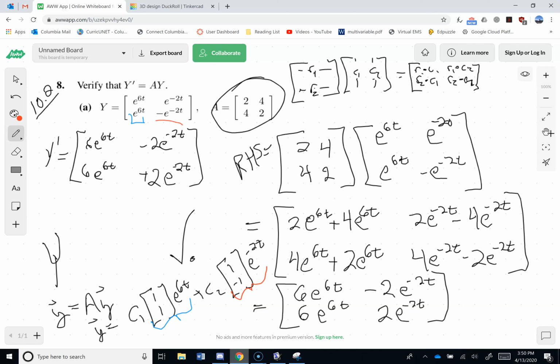So what they're doing here is saying, actually, by the way, you can rephrase this instead of as a vector, you can rephrase it with a matrix. And then your solution is C1 times the first column of the matrix plus C2 times the second column. Does that make sense?